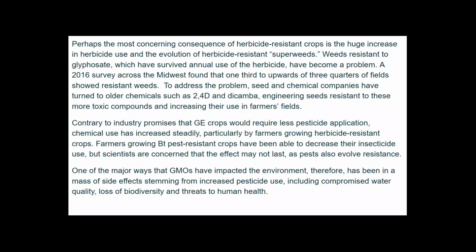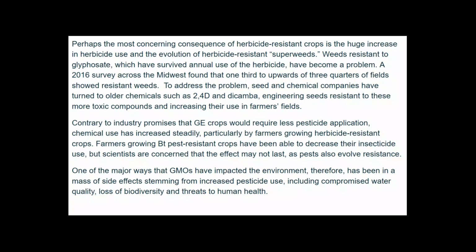Contrary to industry promises that GE crops would require less pesticide application, chemical use has increased steadily, particularly by farmers growing herbicide-resistant crops. So they grow those crops and then spray the field heavily with herbicides. Farmers growing Bt pest-resistant crops have been able to decrease their insecticide use, but scientists are concerned that the effect may not last, as pests evolve their own resistance.